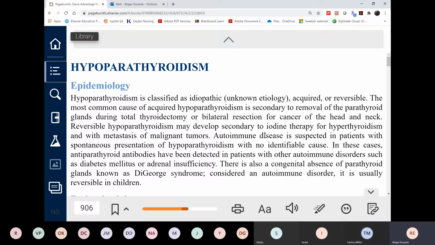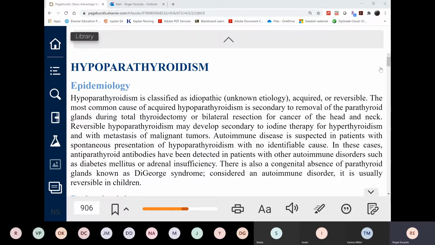That is its only job. So there are only two possible problems here. In hypoparathyroidism, you have a decreased production of the parathyroid hormone, and vice versa, in hyperparathyroidism you have an increase in the release of parathyroid hormone.